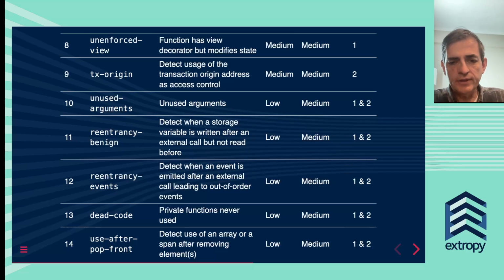Often with reentrancy, you may see that it is possible, but even though it is possible, there's no feasible way it could be exploited. So it's not always such a high vulnerability, but you need to inspect the actual instance to find out whether it is going to be a problem or not.